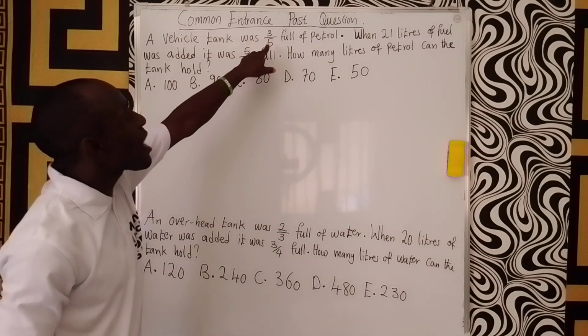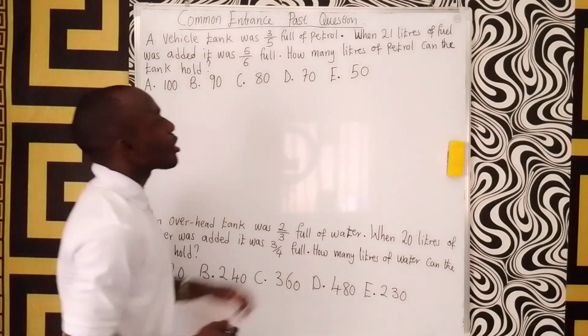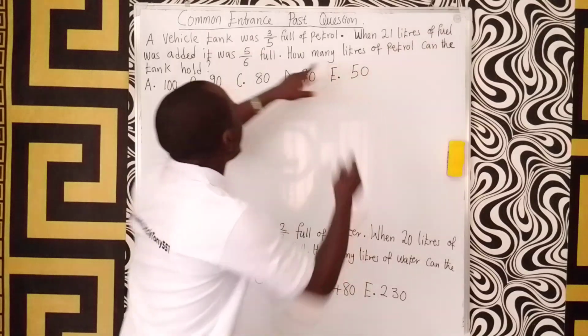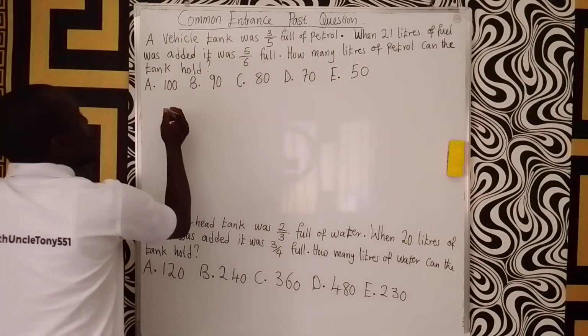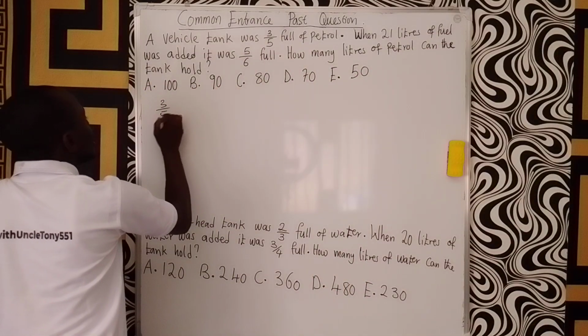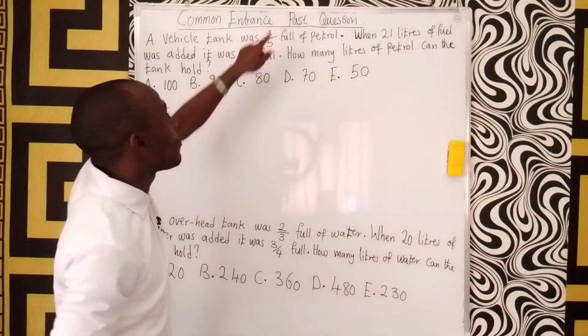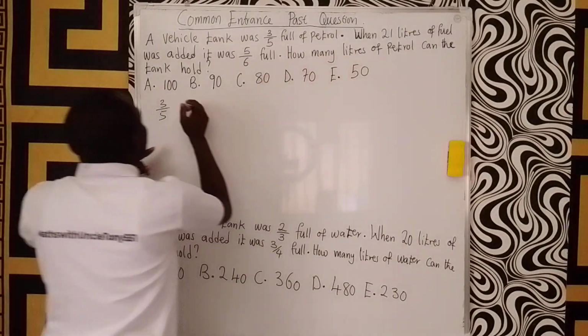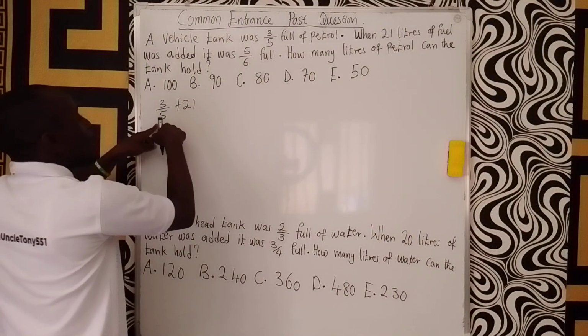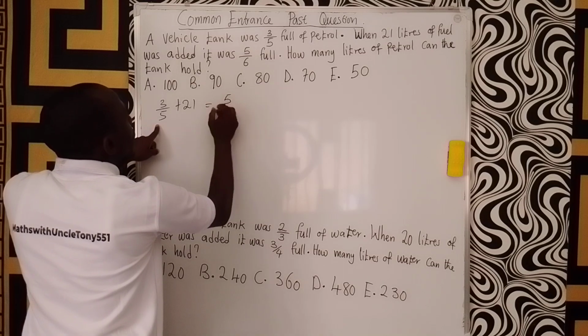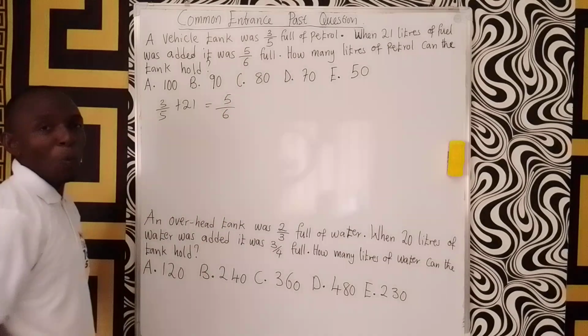3/5 was the initial quantity of the petrol, but when 21 liters was added to this quantity, it became 5/6 filled of petrol.